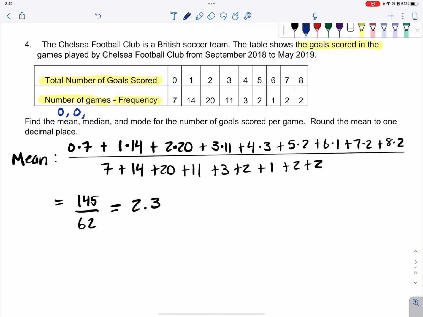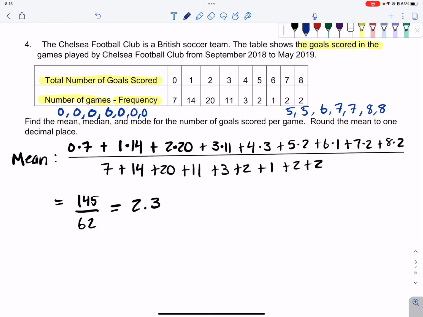So if we remember, we have 7 zeros on the left side. But on the right side of the data, I've got the 2 8s. So there's an 8 and there's another 8. I've got 2 7s on that right side of the data. We have a 6, we have 2 5s, and so on.